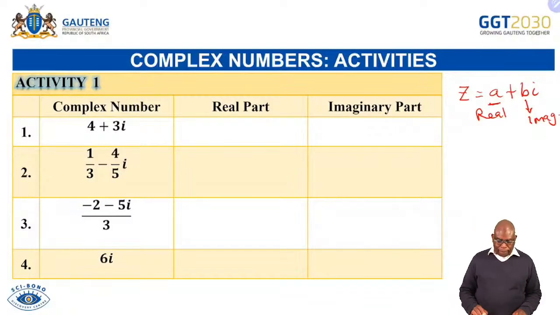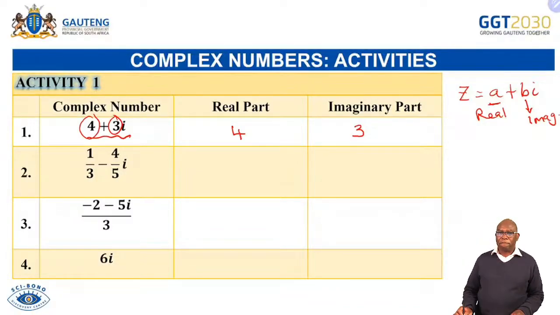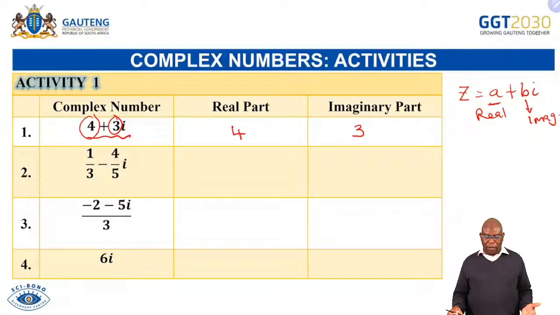Now, when I'm given the complex number in that form, which one is the real part? Which one is the imaginary? Obviously, the real part does not have an I, so it will be 4 with its sign positive. The imaginary will be 3. That imaginary number is 3. Okay, because the I is the imaginary.